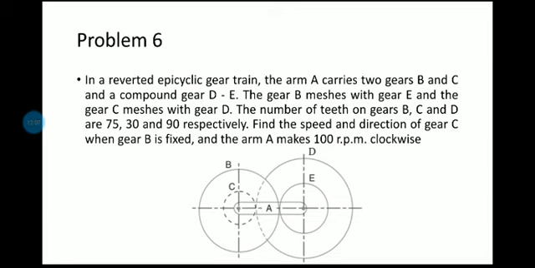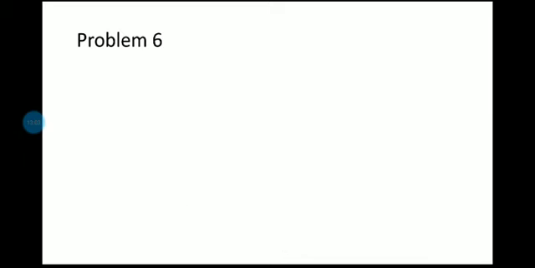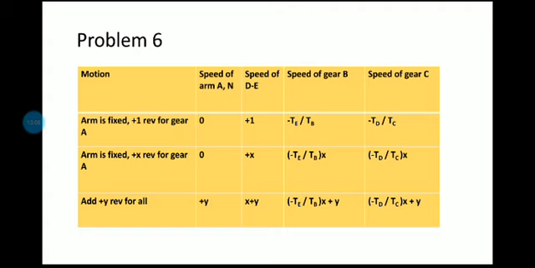So you can write speed of E hyphen D. Then speed of C, there should be one column, speed of B another column. So you create the table: motion, speed of arm, then speed of D hyphen E, that is the same, speed of gear B, speed of gear C. Okay.